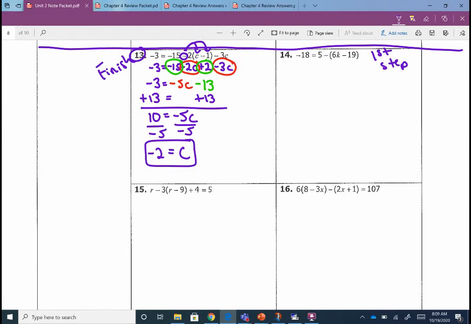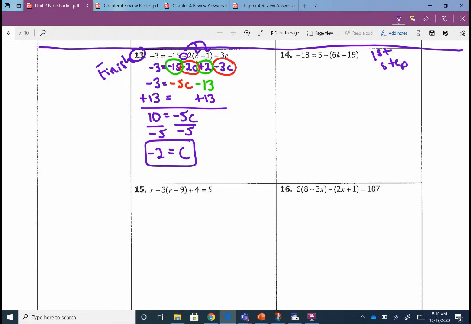I have all the steps up for 13, so check yours. And this is a time, guys, where if you didn't get the right answer, look at my steps compared to yours. We all have the same first step because we did that together. But then look at my second step. Yeah, you have to add.